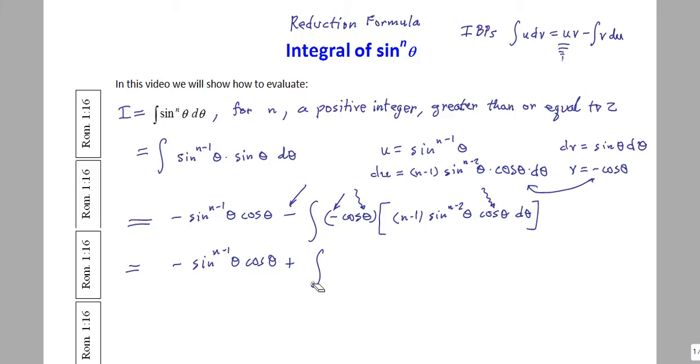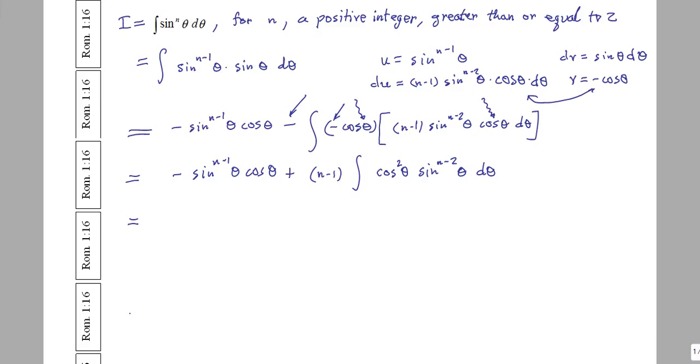And I'm making the same mistake I did in the last video, and then we get that n minus 1 term coming out first. That's a constant. So integral cos squared theta times sine to the n minus 2 power theta d theta. And like we did in the last video, we're going to invoke our most famous trig identity that we've done many times in past videos.